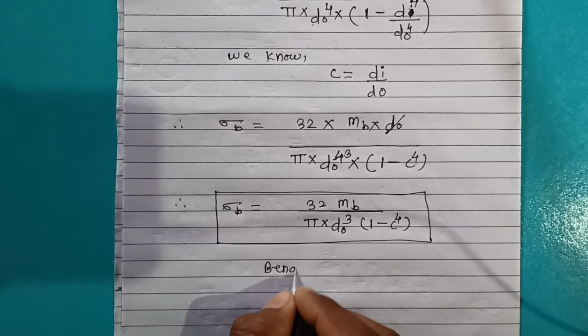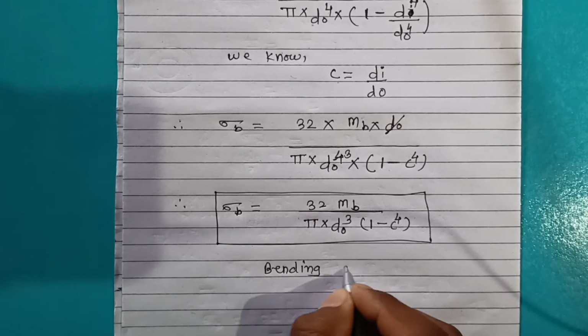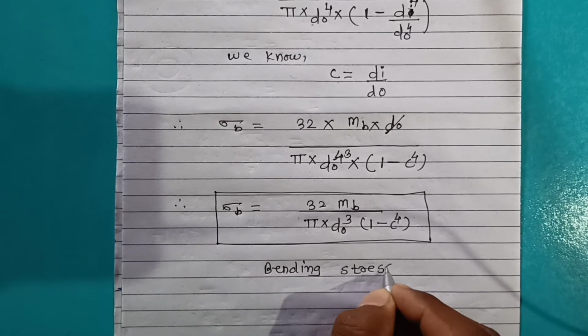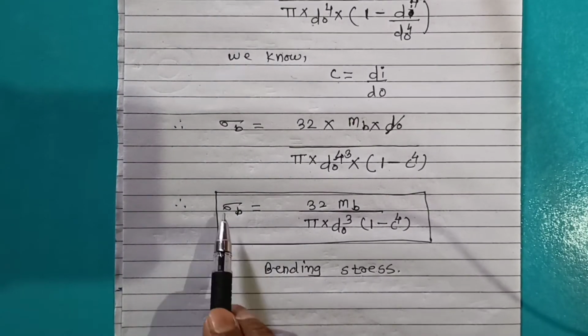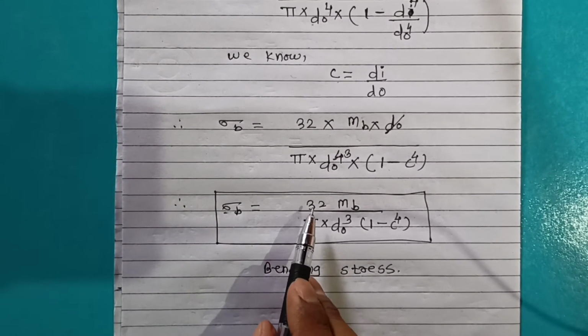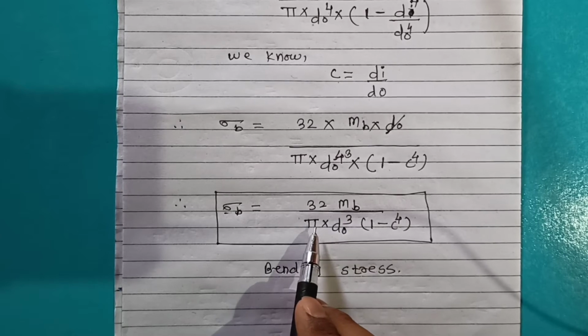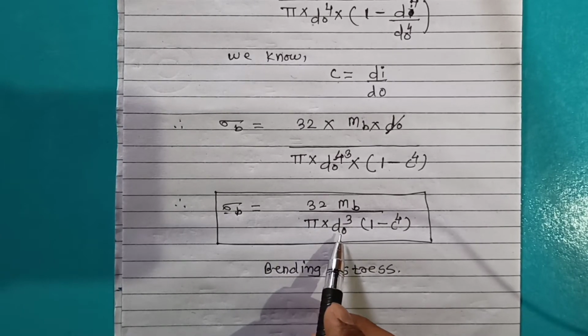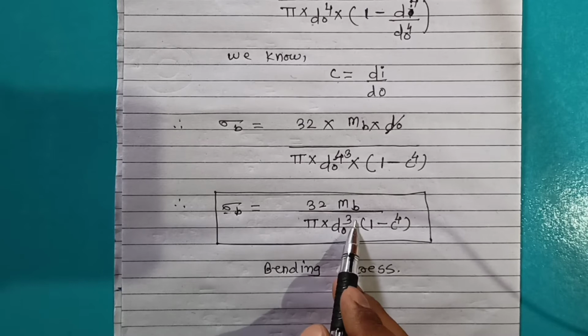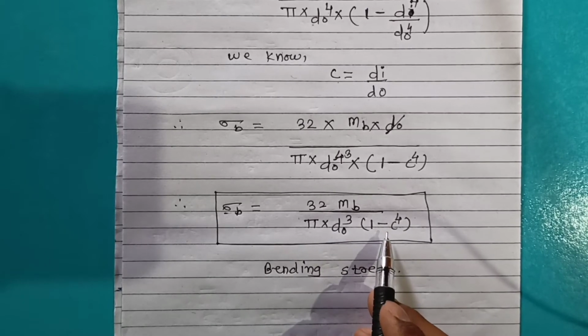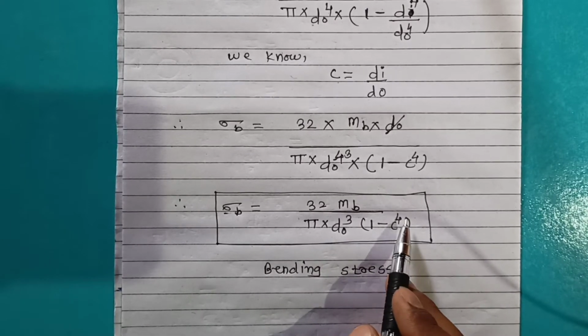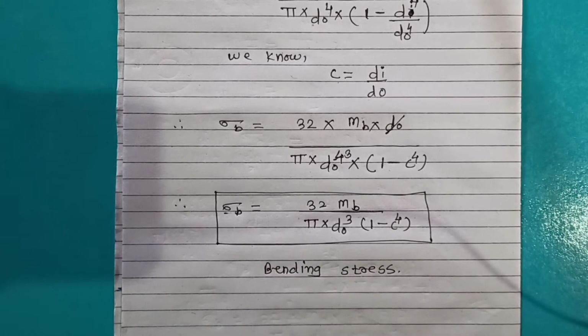Sigma b is equal to 32 Mb divided by pi into do raised to 3 into 1 minus C raised to 4, and this equation is for bending stress.